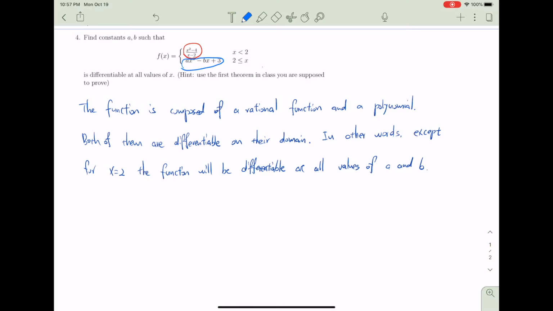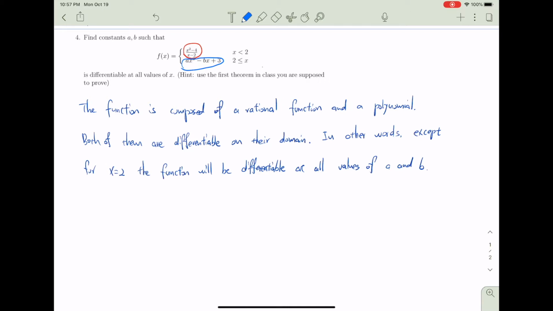When x is less than 2, we're taking the rational function, and when x is greater than 2, we're taking the polynomial function, both of which are already differentiable. So the only point that might potentially have a problem is x equal to 2. Except for x equal to 2, we're all good.